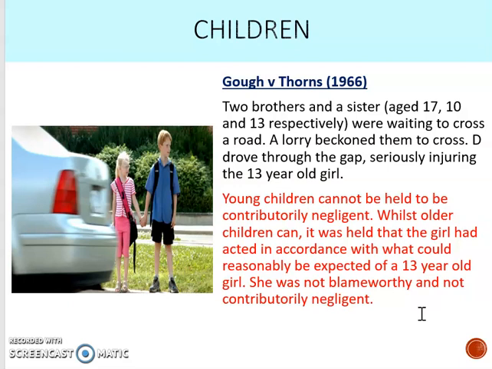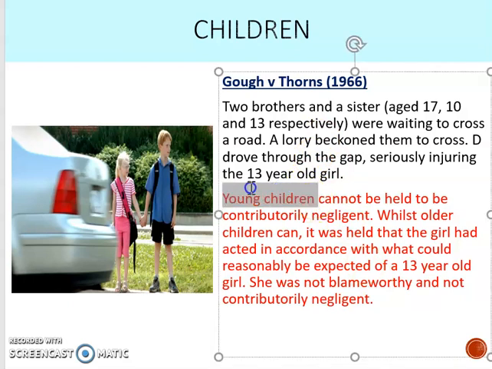So she was held to not be blameworthy and she was not contributory negligent, so her damages were not reduced. So children don't appreciate risk the same, so they're less likely to be contributory negligent. And this term's a bit vague here, young children, but young children can't be contributory negligent.